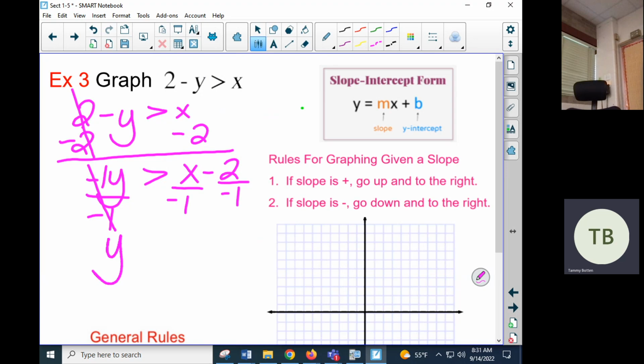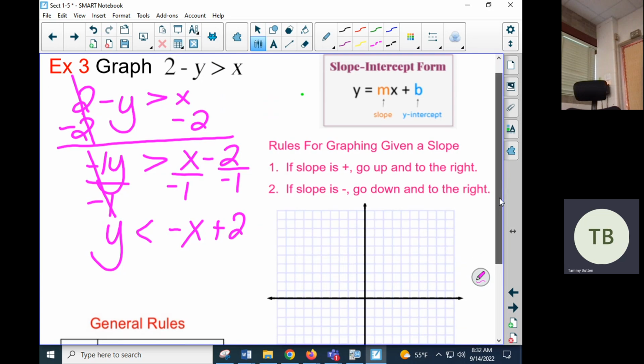You'd have your y, but on this one, do you think I'd have to change the sign? I would, because I divided by a negative. So that would be important that you would remember that. X divided by -1 is just going to be negative x. And then a -2 divided by a -1, what happens when you have 2 negatives and you divide them? What does it become? Positive. So it'd be +2. Okay.